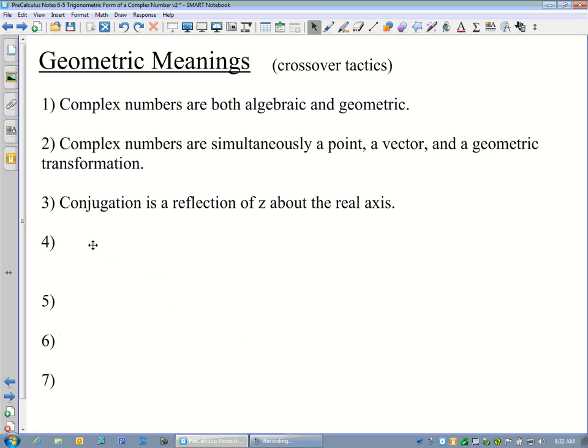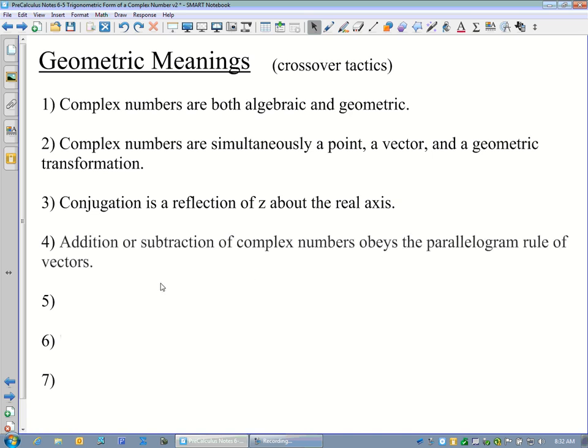Also adding and subtracting, and we touched on this, since complex numbers are vectors, that means addition or subtraction of complex numbers obeys the parallelogram rule of vectors. And we just saw that led to all of the complex roots summing up to 0.